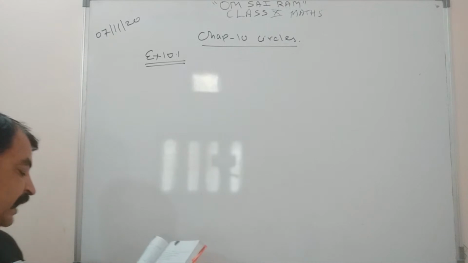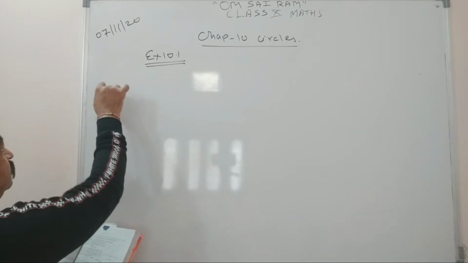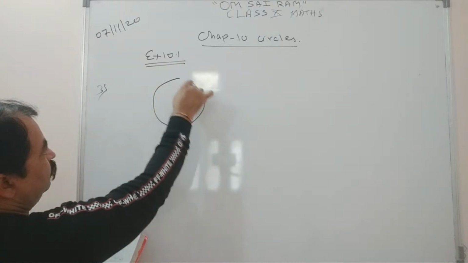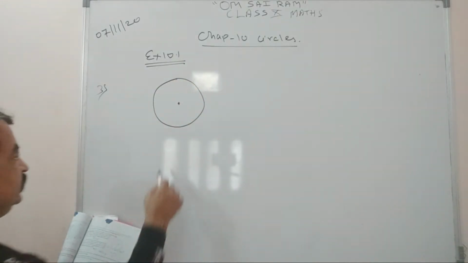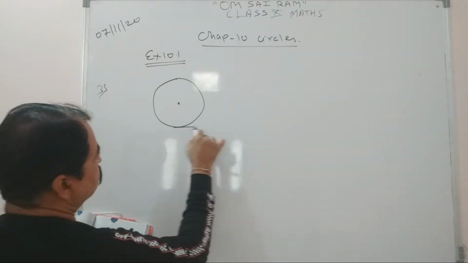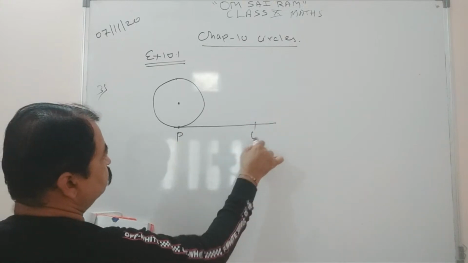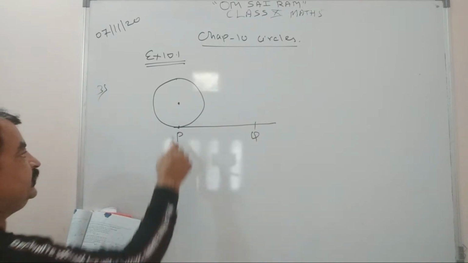Given a tangent PQ at a point P of a circle. So first I'll draw a circle and according to the statement I'll draw the figure. A tangent PQ. Okay, this is the tangent PQ, of radius 5 centimeter.